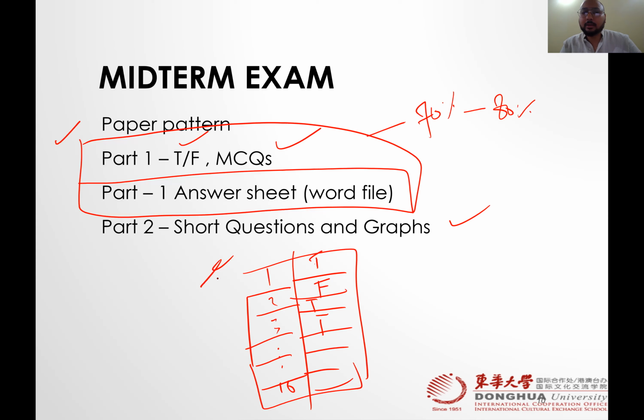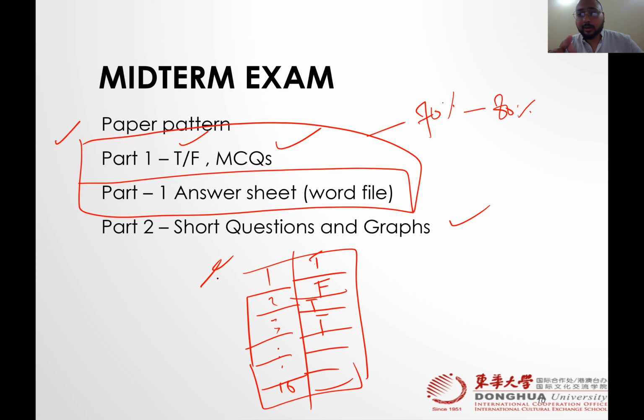You can double click it, write your name and student ID, and start typing the answer. That's it. No handwriting, I mean. You can do that if you have, but by email, not necessarily with handwriting. Okay, I got it.